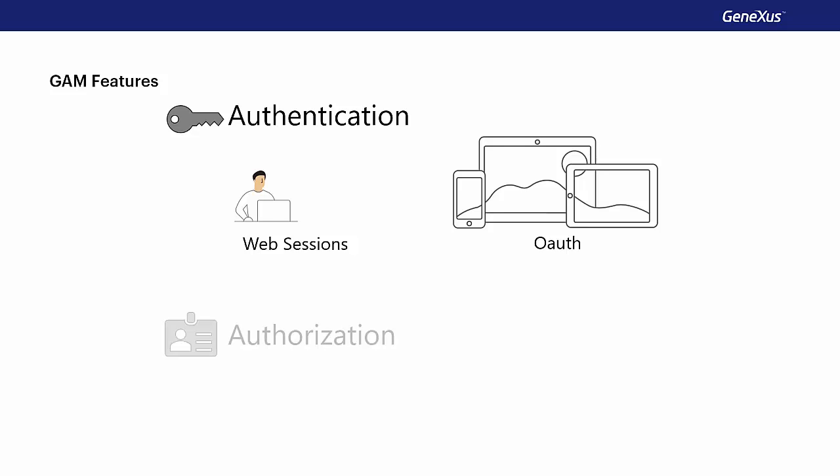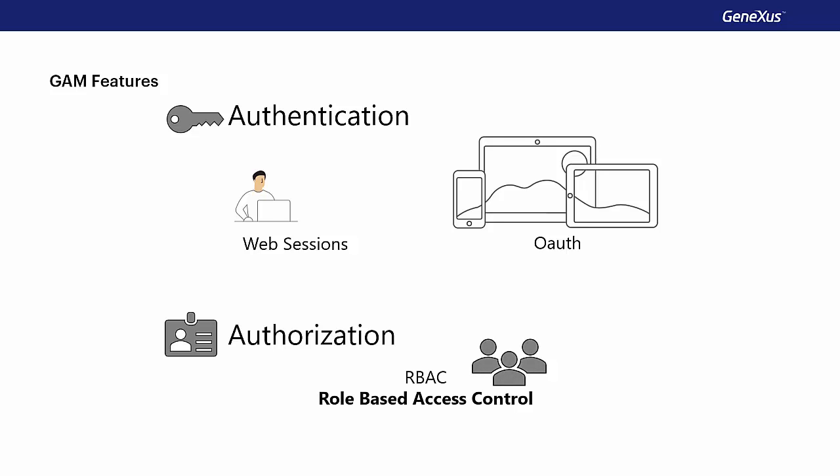For authorizations, the implementation is based on roles using the model role-based access control, with which methods, properties, and everything necessary to handle the app's authorization are encapsulated.